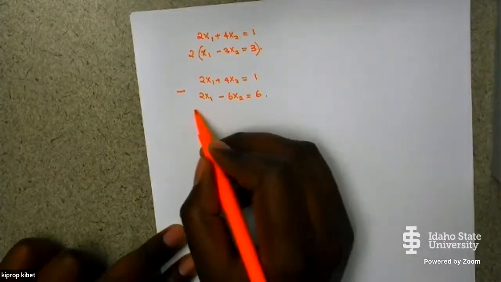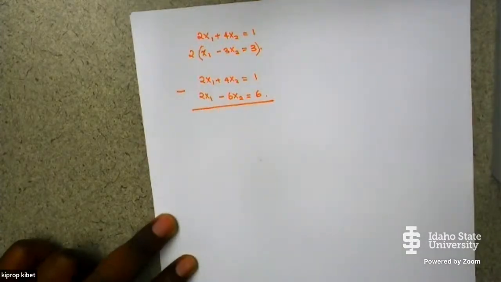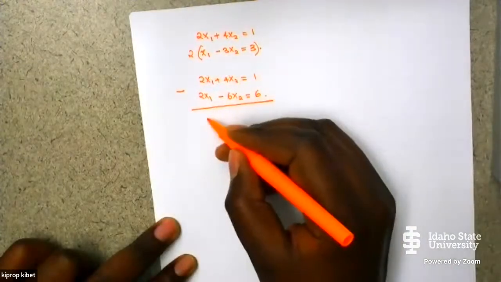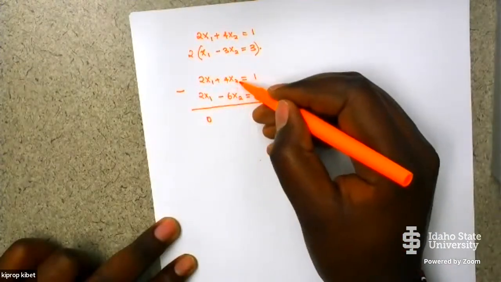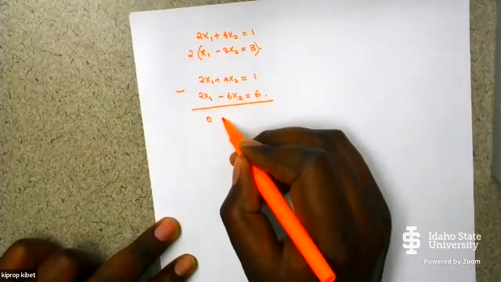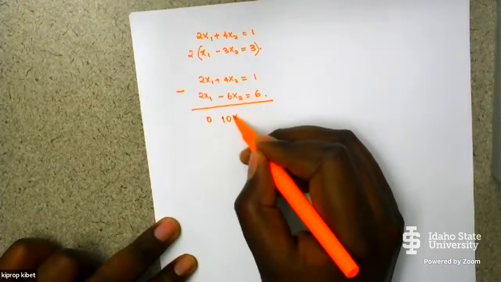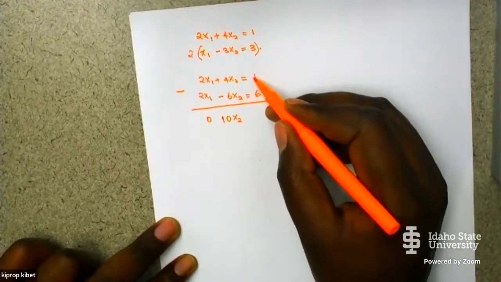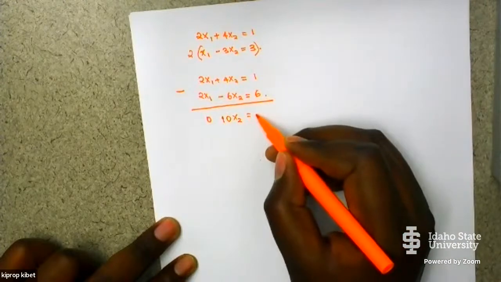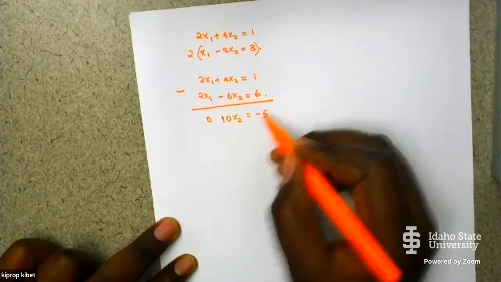So once we subtract, what do we get? This is 0. 4x2 minus 6x2 is 10x2. 1 minus 6 is equal to -5.